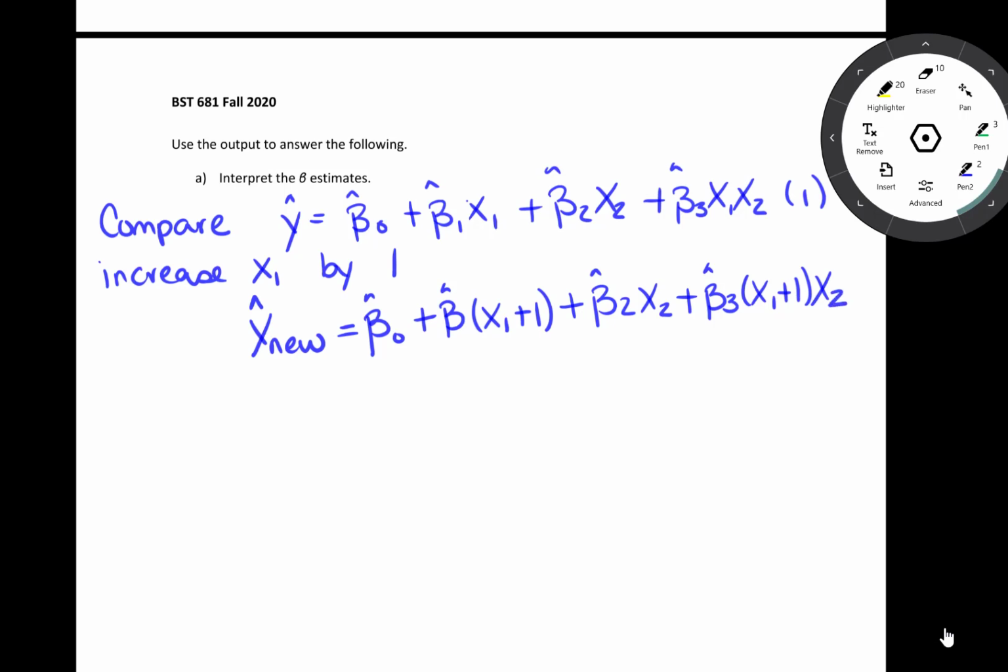Okay. Now I'm going to multiply everything out and combine some terms. There's a 1 there.